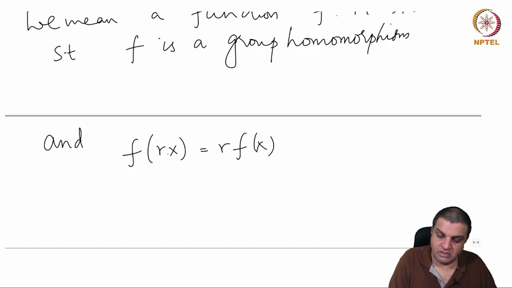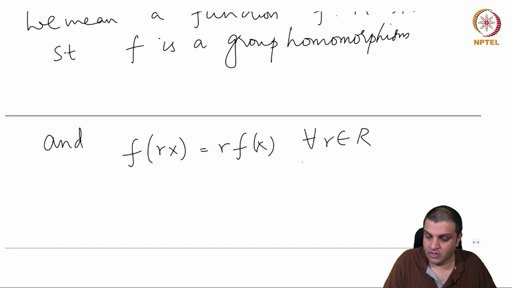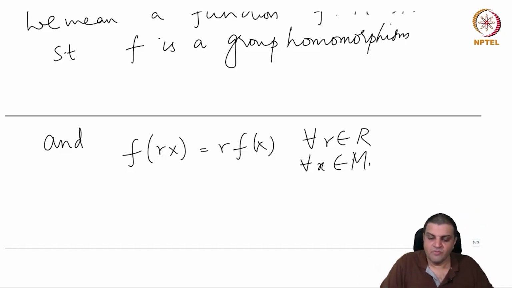So this times is in M, this times is in N, but it's all well defined for all r in R and for all x in M. So if you had r1 x1 plus r2 x2, then since it's an abelian group homomorphism, we can just take out the plus outside, and then we can apply this.